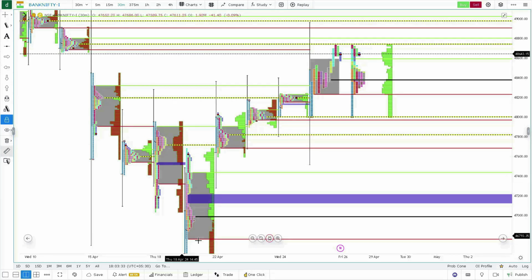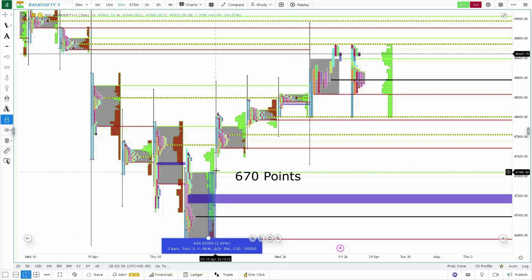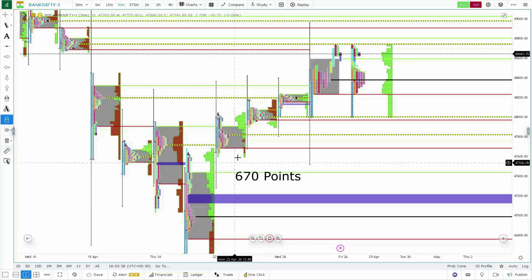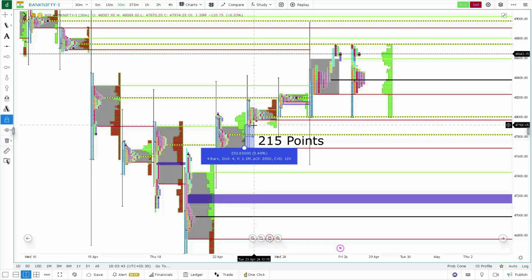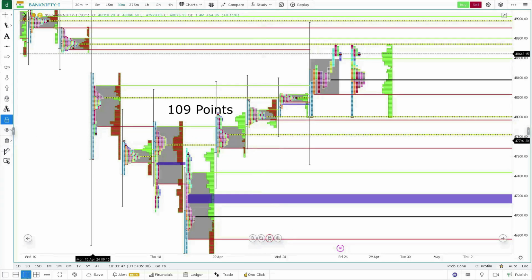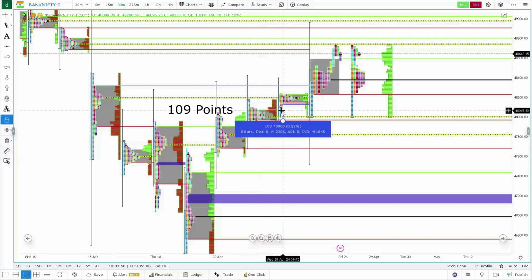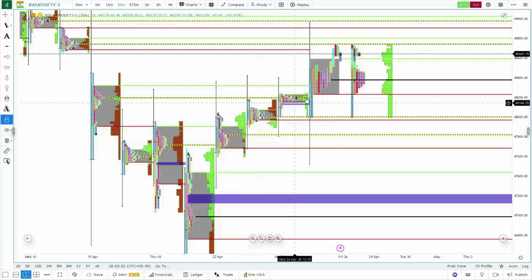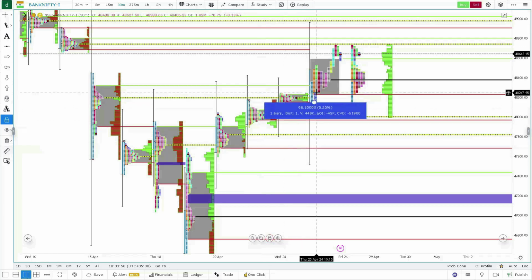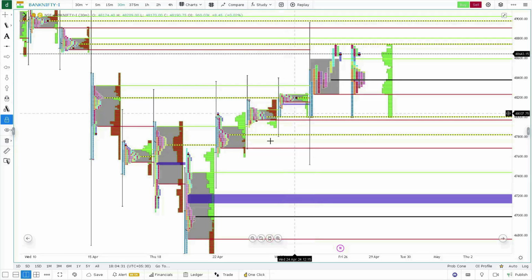So here this value area is somewhere around 670 points, and we have a value area here of 200 or 250 points, and then we have a value area on the next day of around 109 points, and here we have the smallest, very narrow range, somewhere around 80 to 90 points, which says that momentum has clearly reduced. So this is one example with Bank Nifty, and let me take you to some other examples.